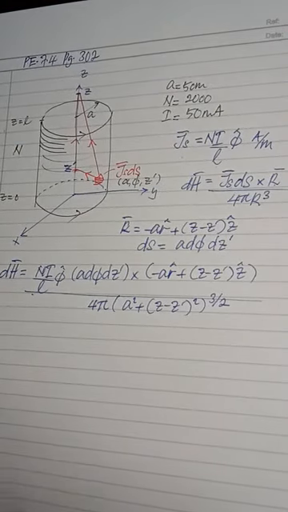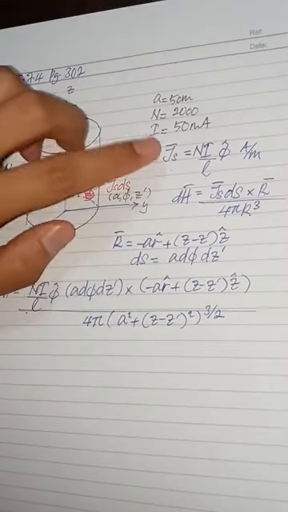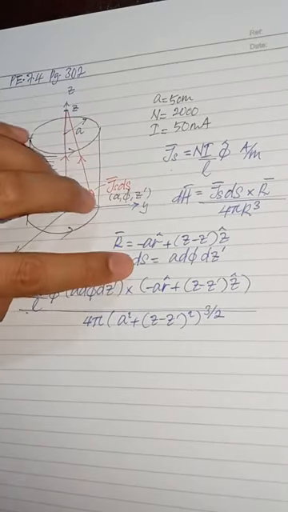So that's after substitution for the JS, for the R vector, and also for the DS.